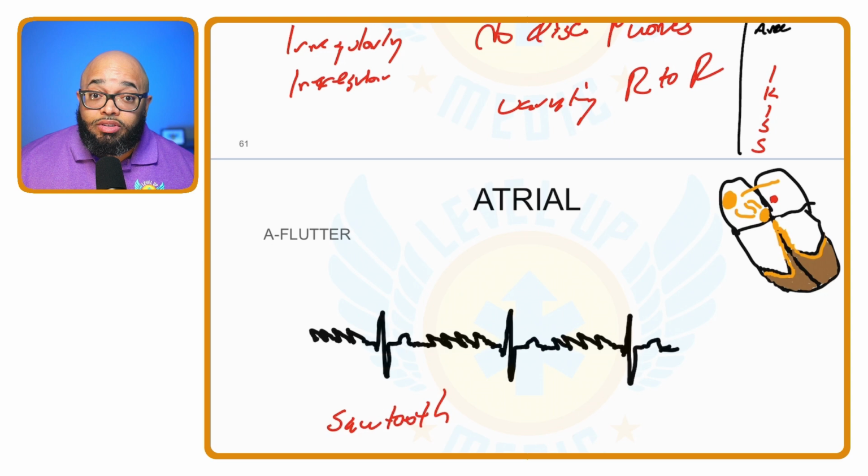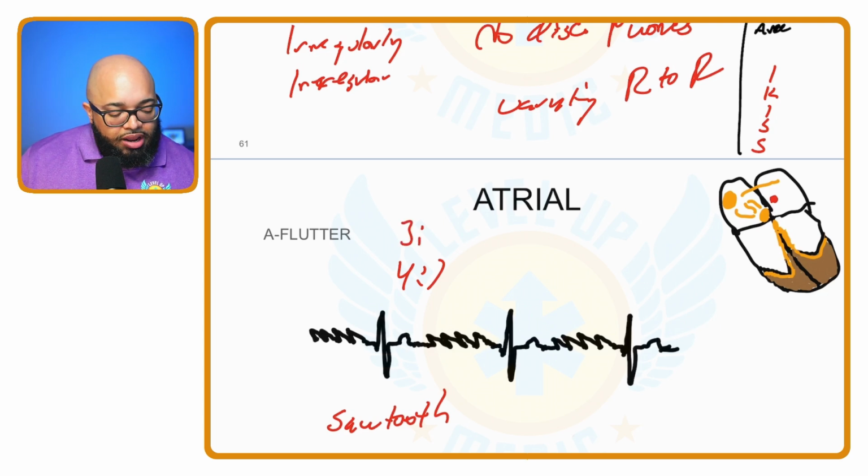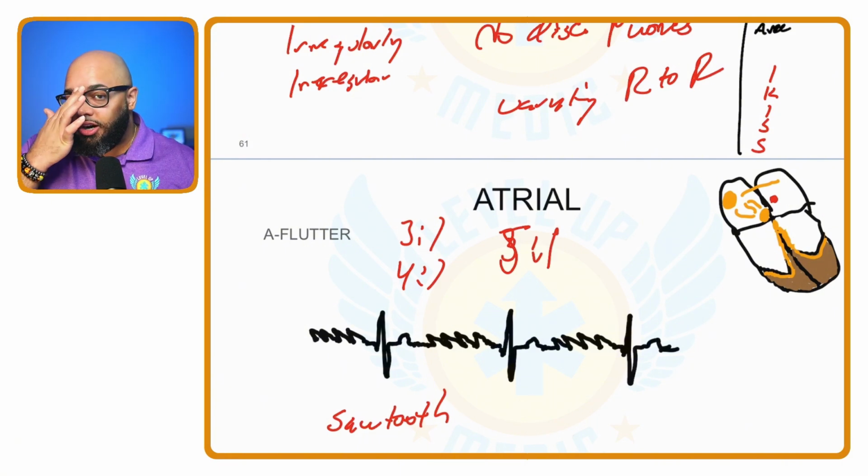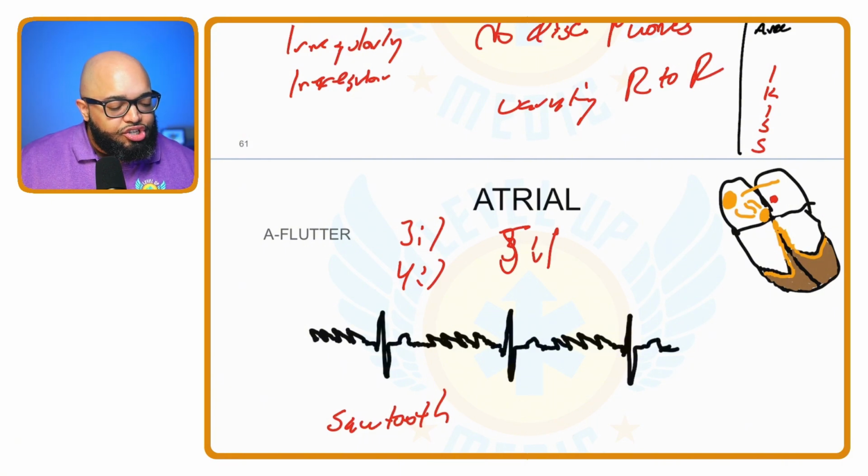So this particular variant of A-flutter is a 4-to-1, but it could be a 3-to-1, it could be a 5-to-1. There are so many options here. Just know there's usually some kind of pattern.